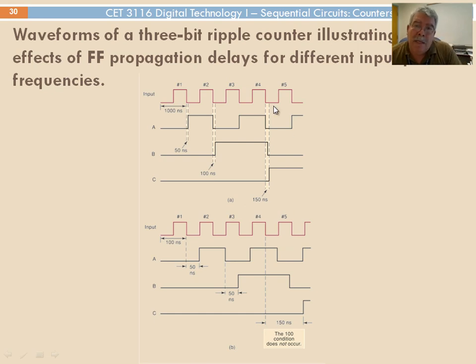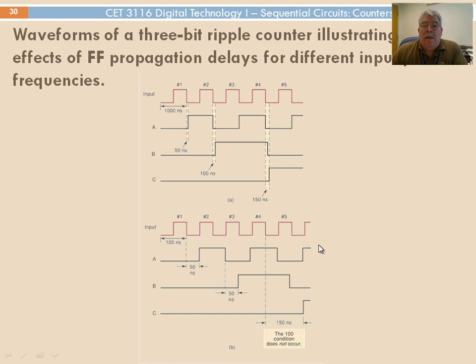Because the clock is, in this case, rather slow, 150 nanoseconds compared to 1000 nanoseconds doesn't actually complicate things. So you see, pretty much the timings are respected. This transition high to low is followed by this transition high to low, which is followed by these two transitions, and so on and so forth.